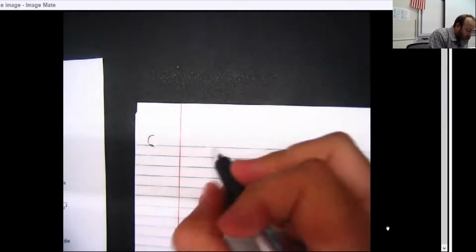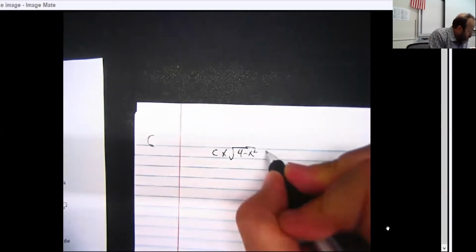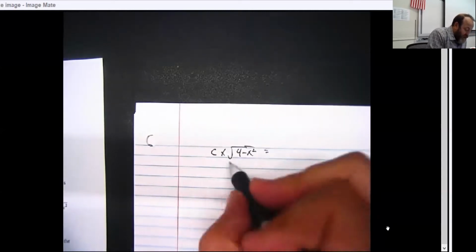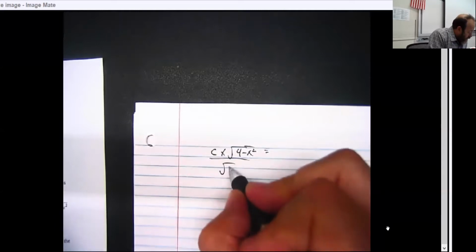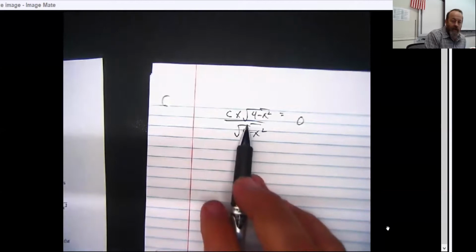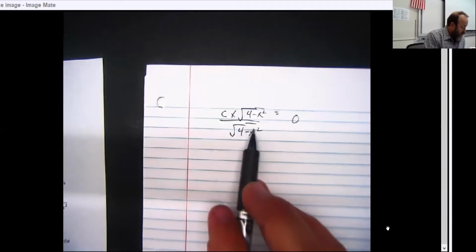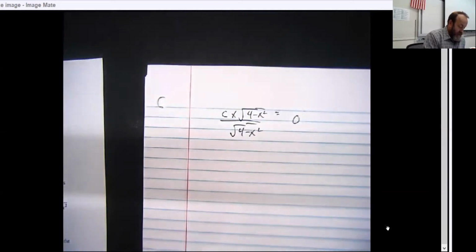We're going to take that derivative and set it equal to 0. Now, obviously, if a fraction is set equal to 0, then the numerator must be equal to 0.